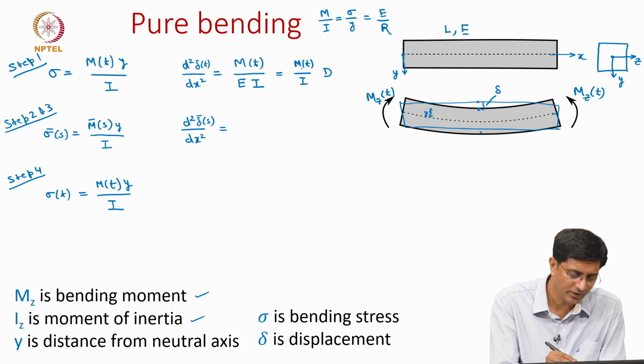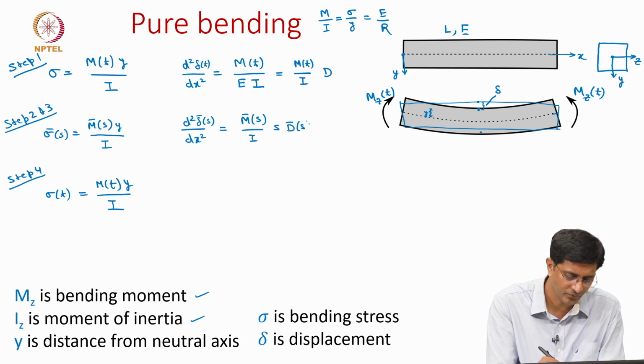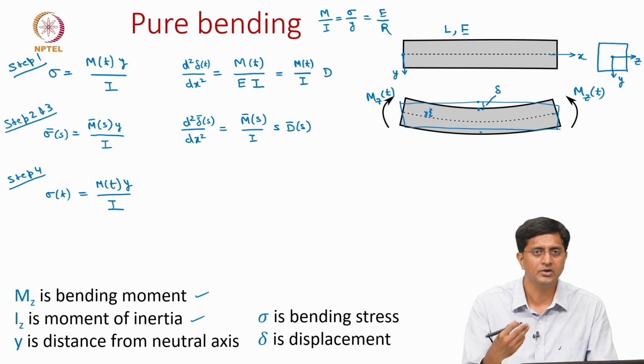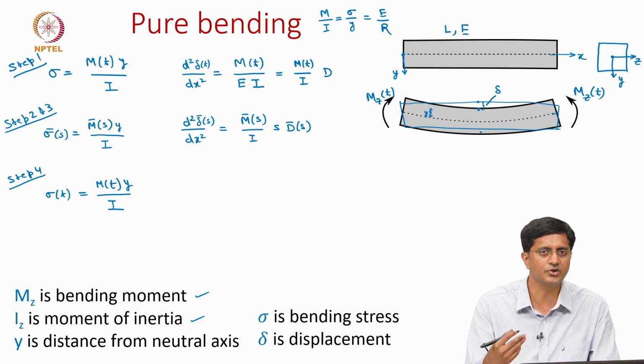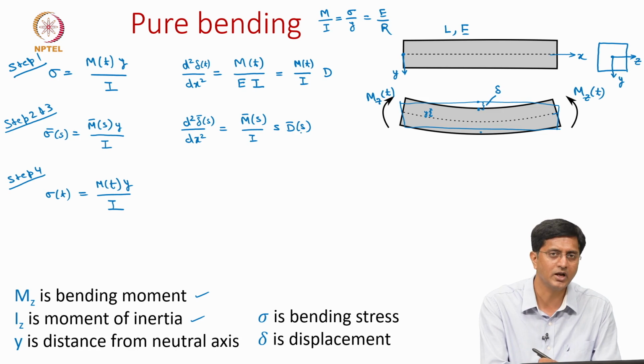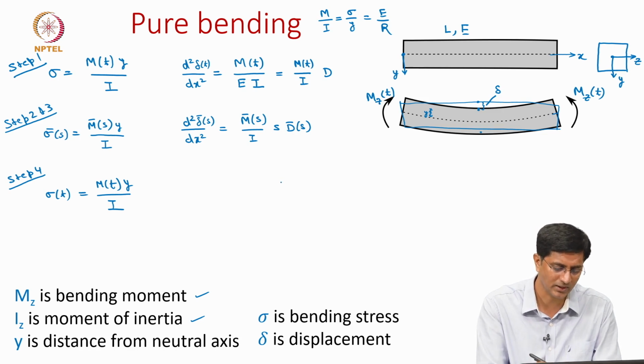So, M of t we will write as M of s, because it is only a variable, by I, which is a constant, and D we will replace with s times D of s. Because D is an elastic constant, we said according to step 3 we should replace with s times the Laplace transform of the elastic constant.